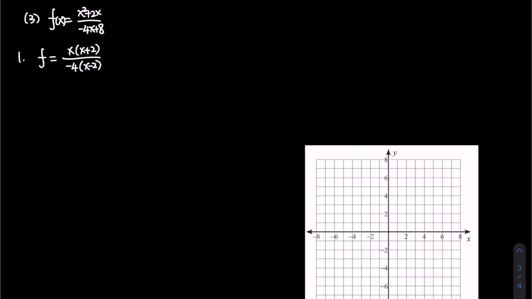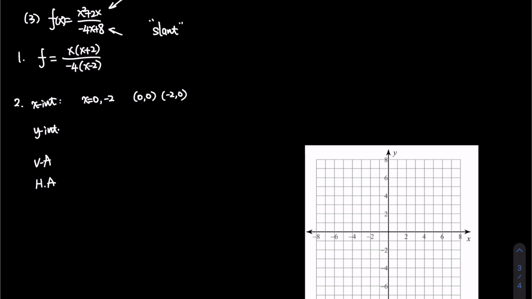And we also realize the numerator power is 2, the denominator is 1, so there will be a slant asymptote. Same thing, let's find the x-intercept, y-intercept, vertical asymptote, and horizontal asymptote. X-intercept, we just set the numerator equals 0, so x equals 0 or negative 2: (0, 0), (-2, 0).